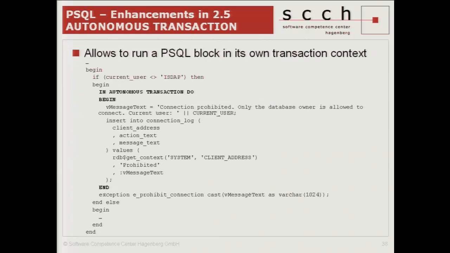For instance, if we extend our example with dismissing particular users when connecting, we could have an autonomous transaction block where we insert some data into our connection log table with the client address, the action text, for instance, prohibited because we're in the unequal path here, and a message text.